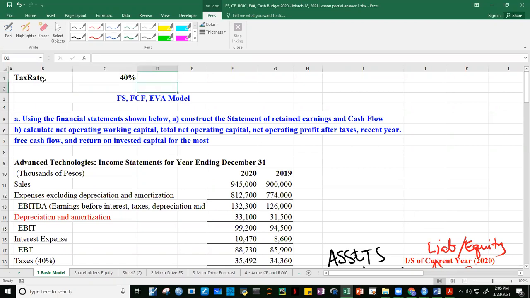Or give the name to a cell beside it, in this case, tax rate. The name should not be two words, it should be a single word. If you want, you can put an underscore. Okay, I'll just use this.